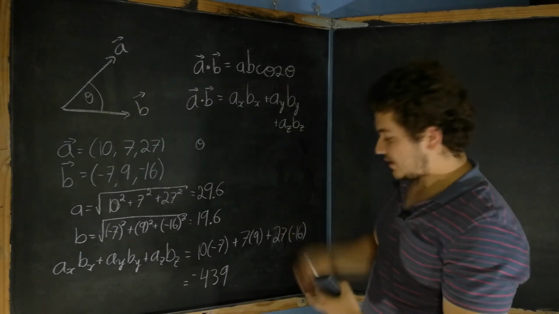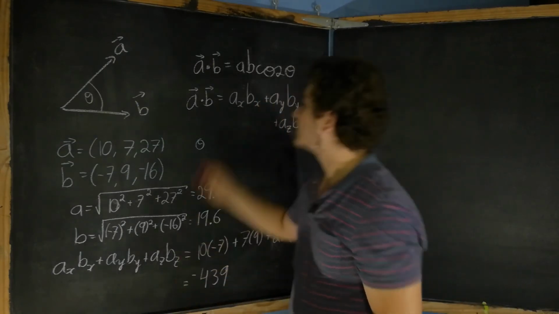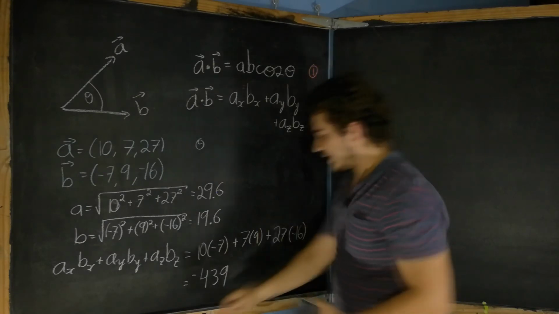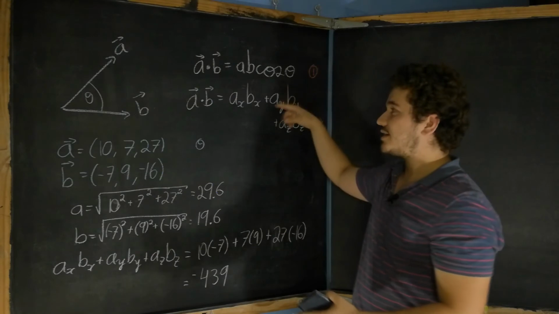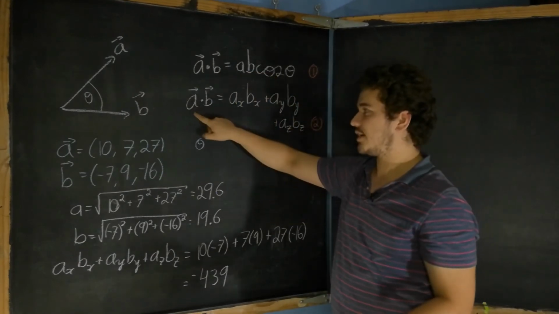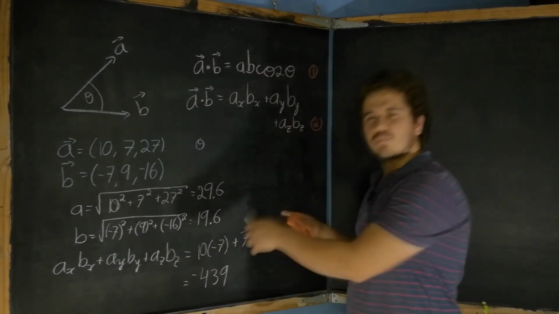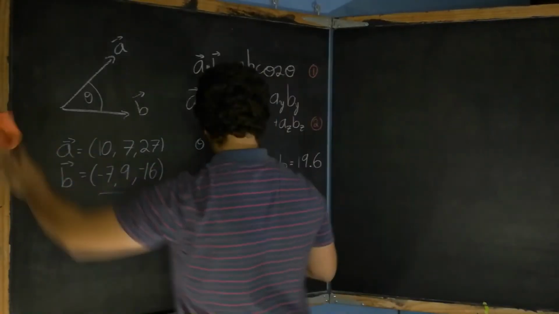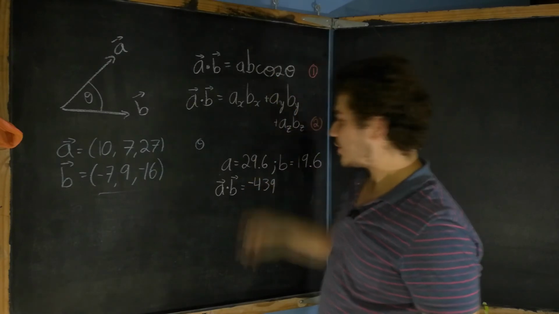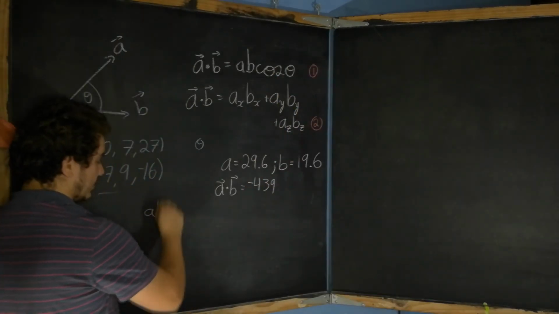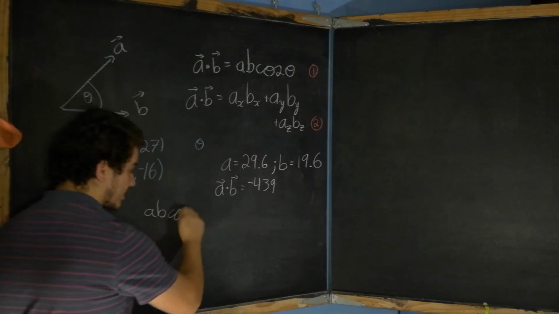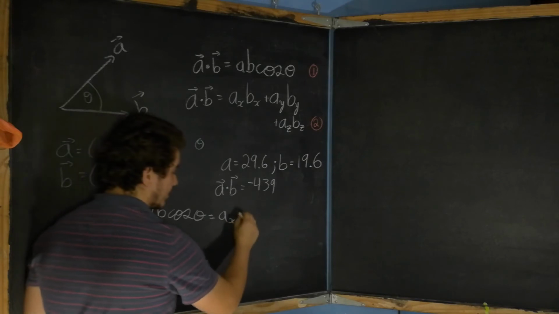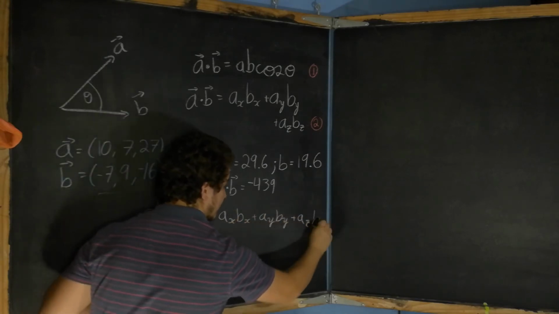Now we can see from the equations, let's call them equation 1 and equation 2, that both right hand sides should be equal, because they're equal to the dot product. So I'm going to rewrite this part, writing down the right hand sides of both equations. We have the magnitude of A times the magnitude of B times the cosine of the angle equals the sum of the products of the components, ax times bx plus ay times by plus az times bz.